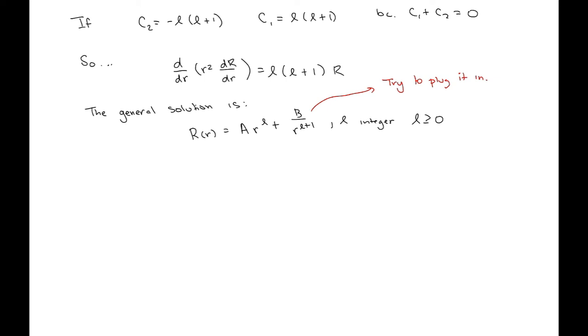Okay, the other term is harder. So I know that the other term implies that the derivative of sine of theta times the derivative with respect to theta of our big theta is equal to negative L plus 1 times the sine of theta times big theta, okay?